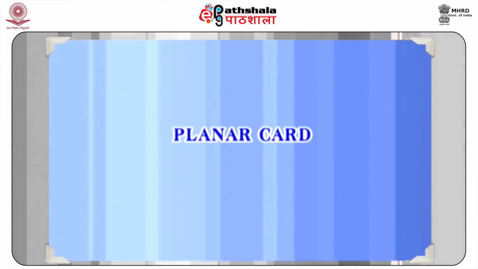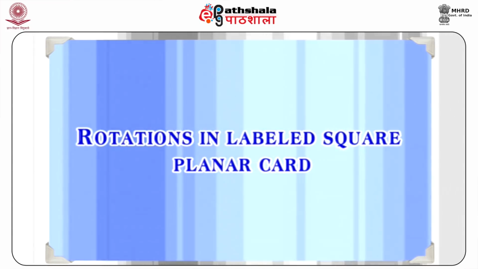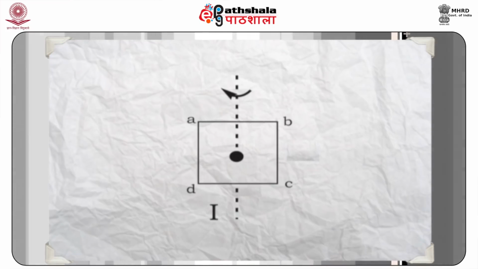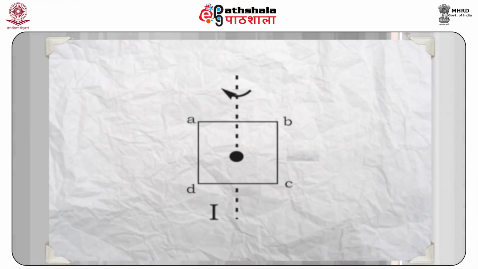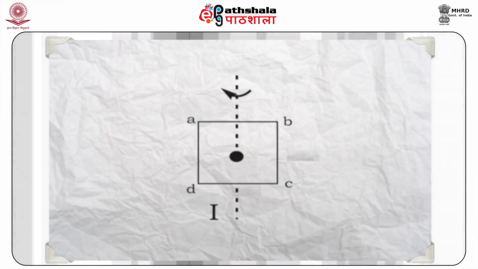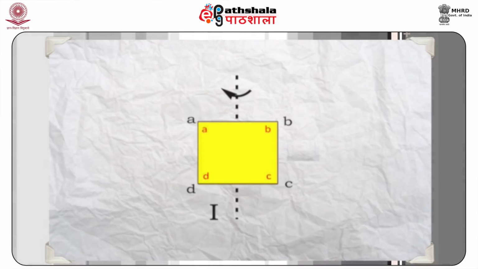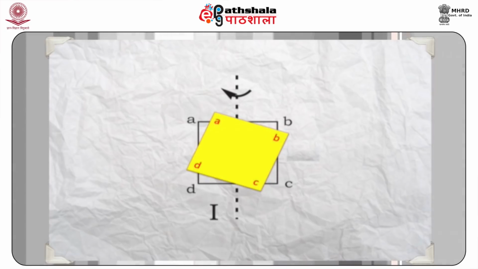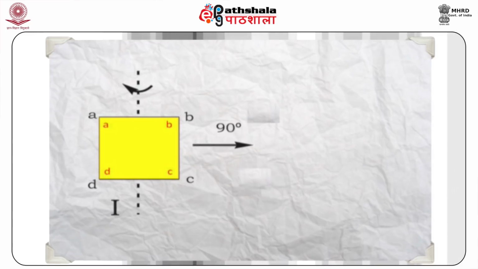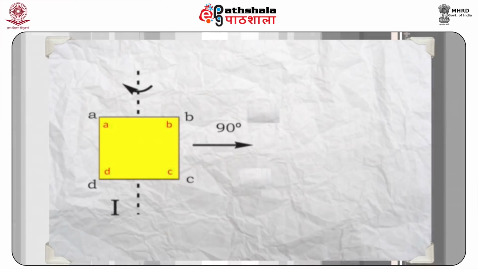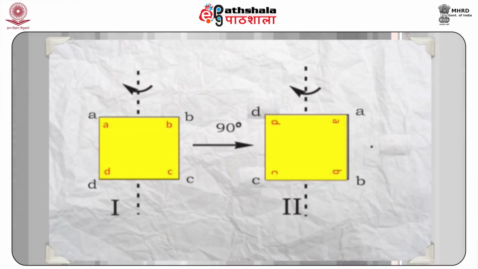Let us now carry out the rotations, but this time on labeled square planar cards. If we label the four corners as A, B, C and D, then it is possible to observe the effects of these movements or rotations. Let us carry out a 90-degree rotation as shown here. We can see that after 90-degree rotation, we do not get an identical or equivalent configuration.